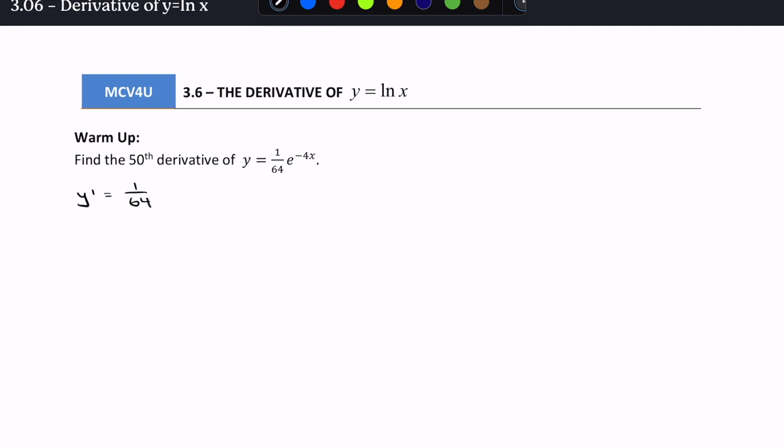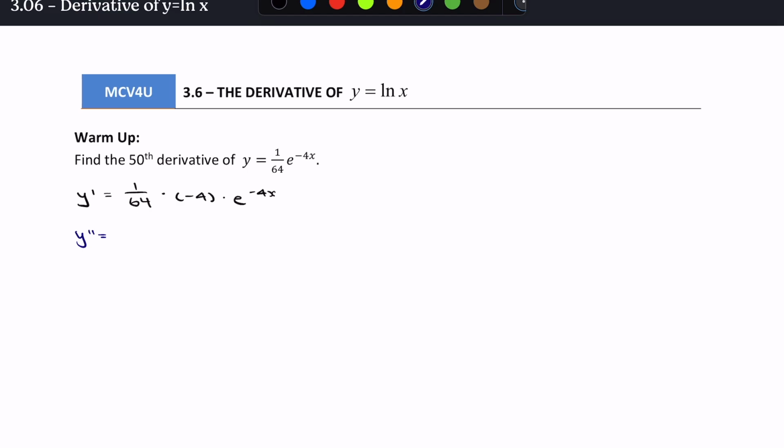Remember, when we look at e to the power of something, the e to the power of this function stays the same, so e to the power of negative 4x, and then we derive what's inside, which in this situation is negative 4x. So we have negative 4 times e to the power of negative 4x.